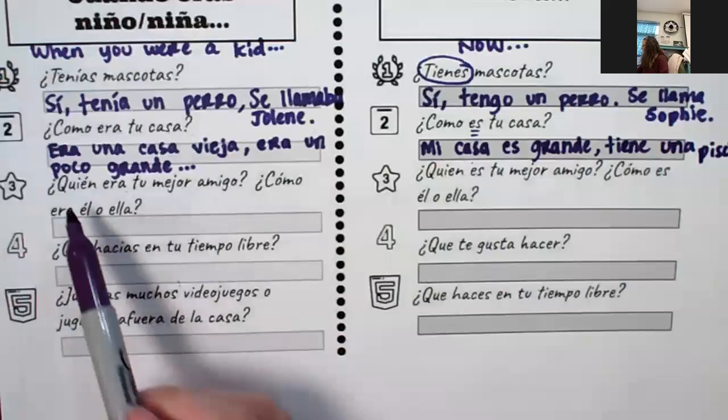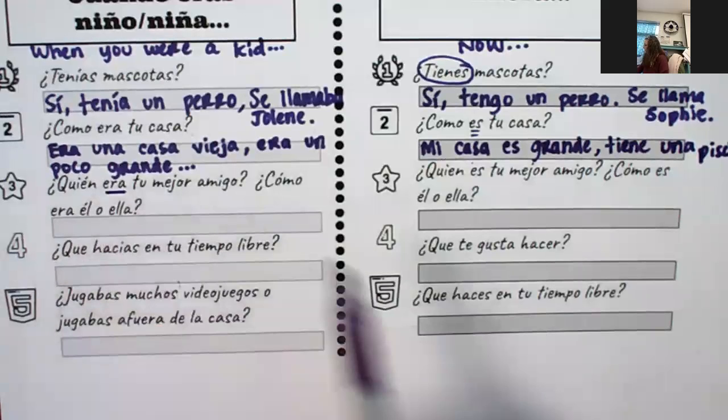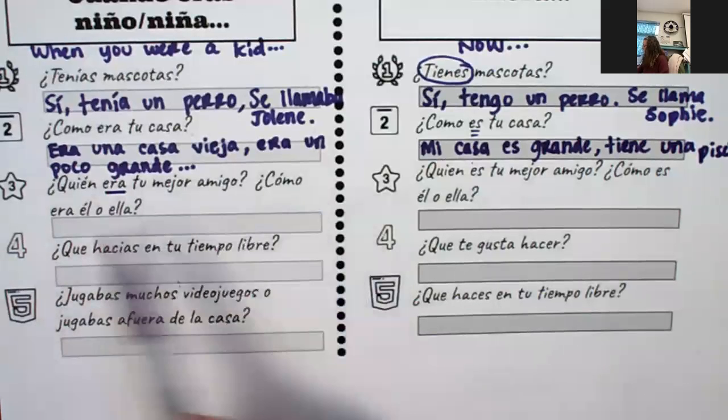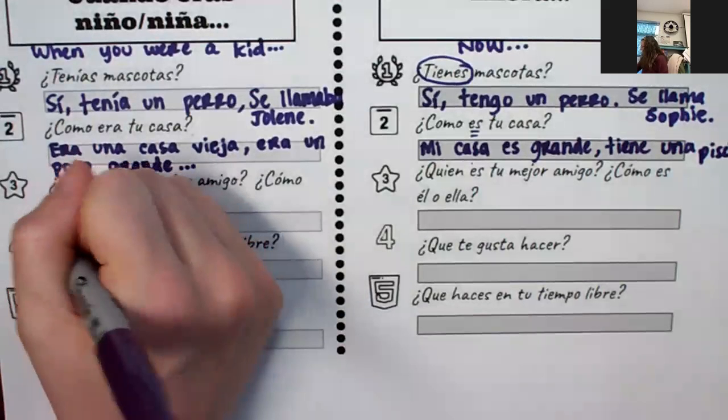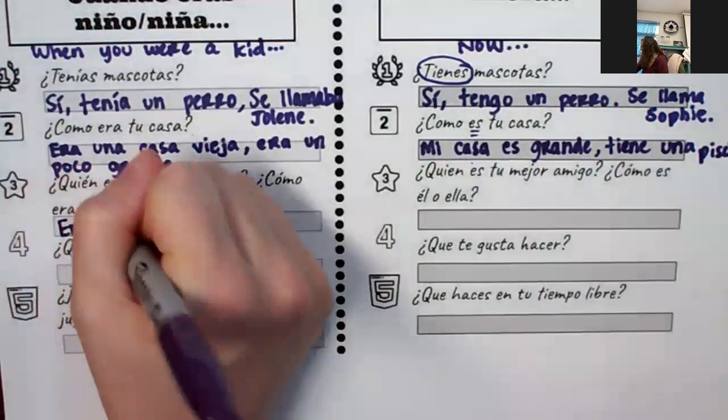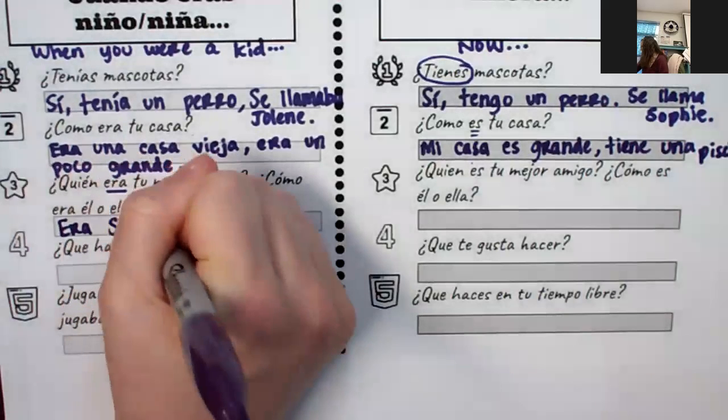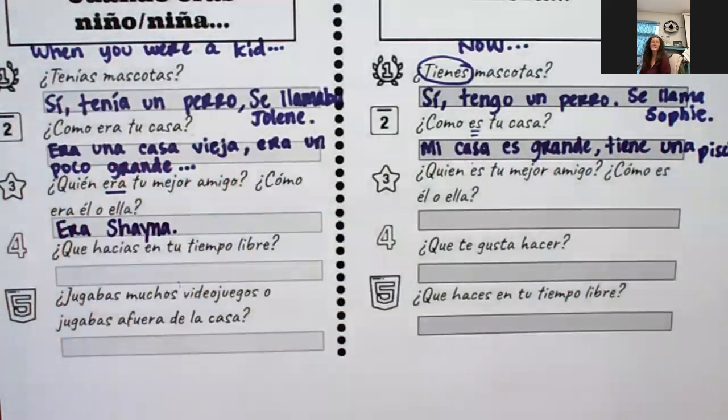Número 3. ¿Quién era tu mejor amigo? ¿Cómo era él o ella? So who was your best friend? So I would say era Shayna. My best friend was Shayna. ¿Cómo era ella?